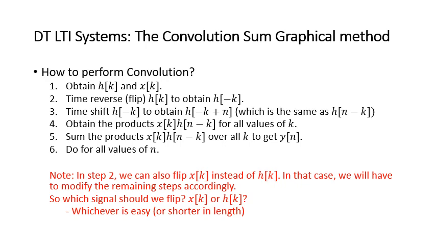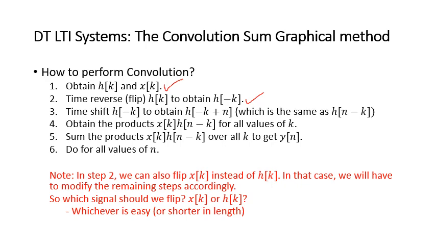To obtain the convolution sum, we need to do the following steps. The first step is to obtain h of k and x of k, meaning we replace the independent variable n by k. The second step is to reflect, also called flip or reverse, one of the signals.